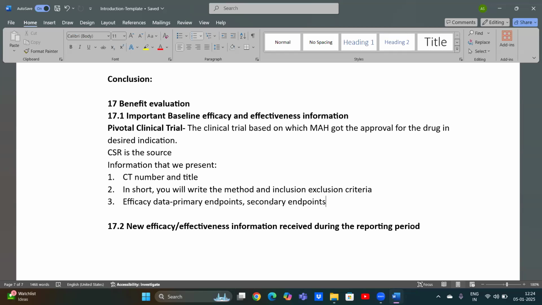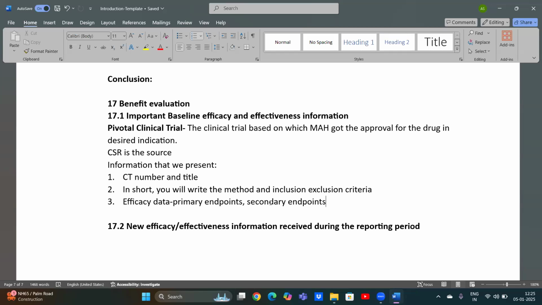Then when you start explaining the efficacy data, suppose it was for NSCLC, there would be some primary efficacy endpoint and some secondary efficacy endpoint. You keep an efficacy endpoint in NSCLC as, suppose, greater than 40% reduction in the tumor volume from baseline to the end of some cycle, because in oncology there are cycles 1, 2, 3, 4, 5, 6.